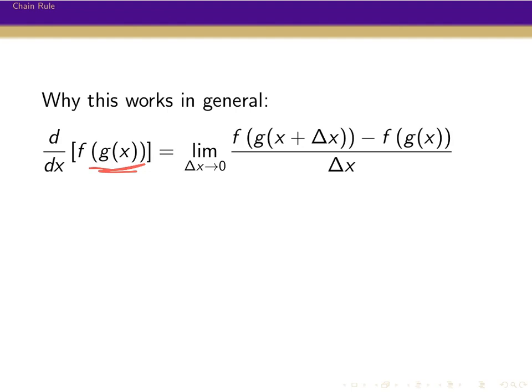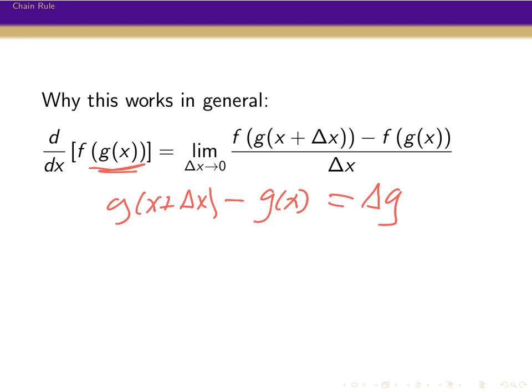So in some sense right here, we can remember that sometimes we think about g of x plus delta x minus just g of x. We can think about that as the change in g.